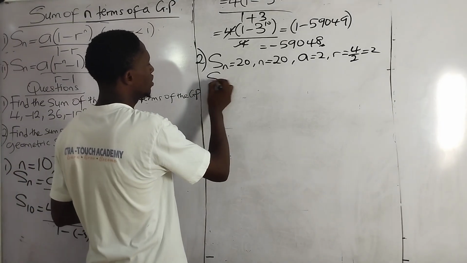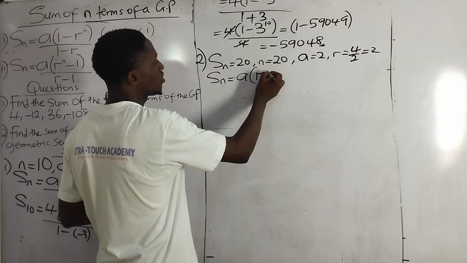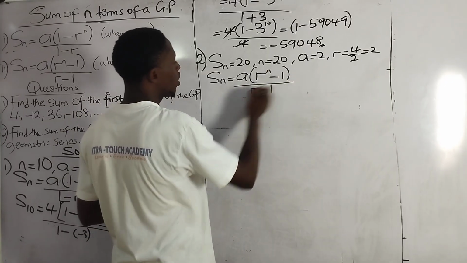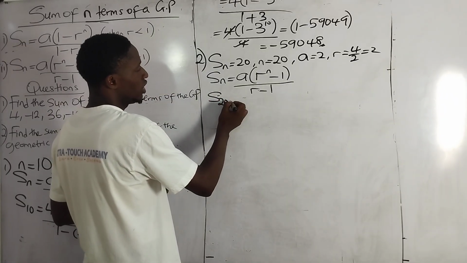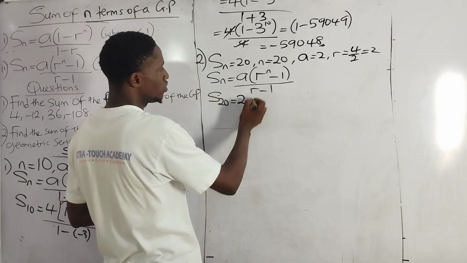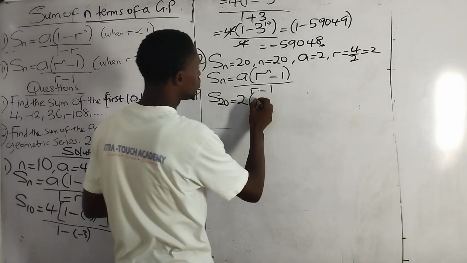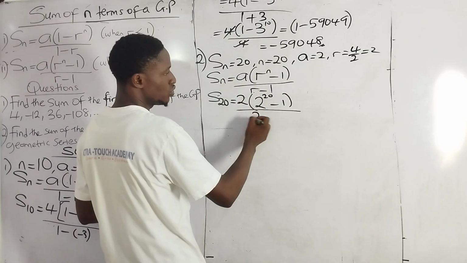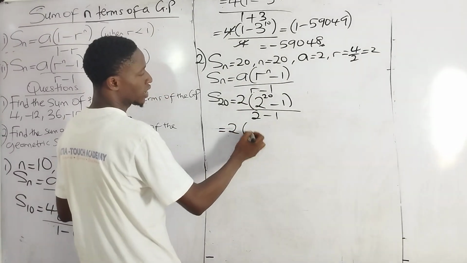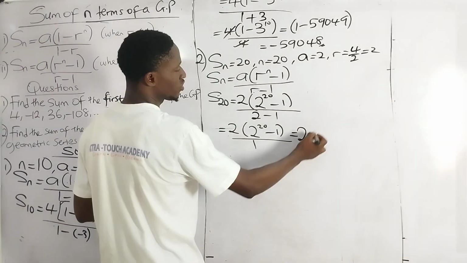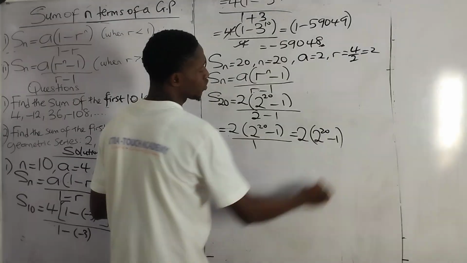So we have S_n is equal to a(r^n - 1) all over r - 1. So S_20 is equal to, the first term is 2, our r is 2, raised to the power of n, which is 20, minus 1, all over r - 1, which is 2 - 1. So 2(2^20 - 1) all over 1, which is equal to 2(2^20 - 1).